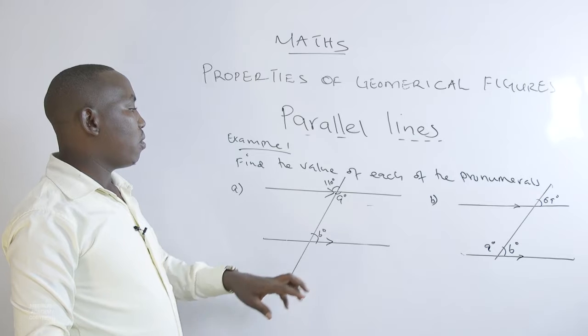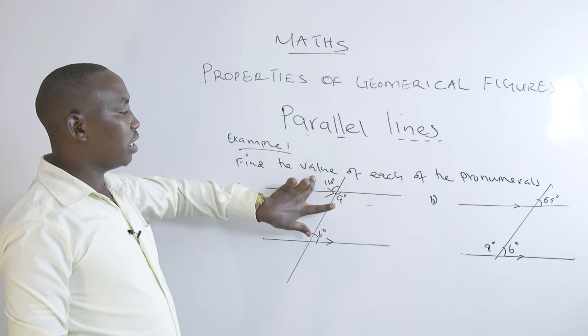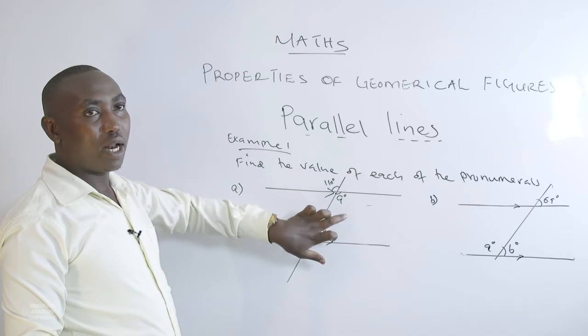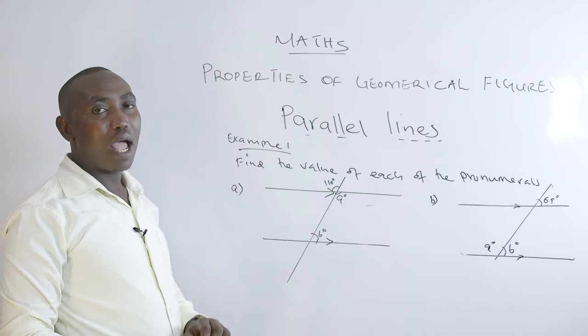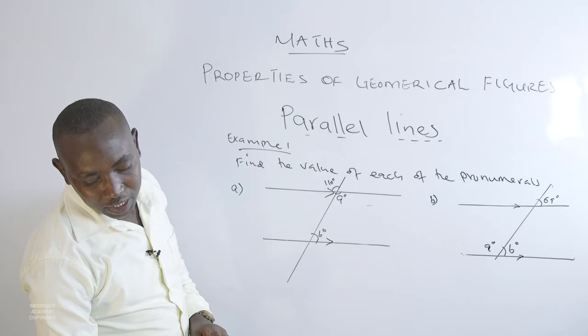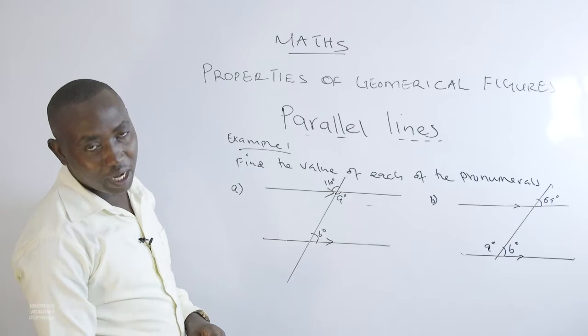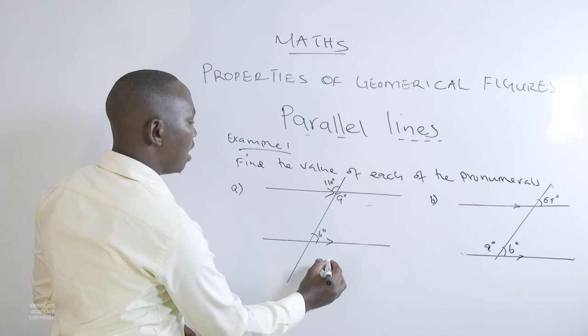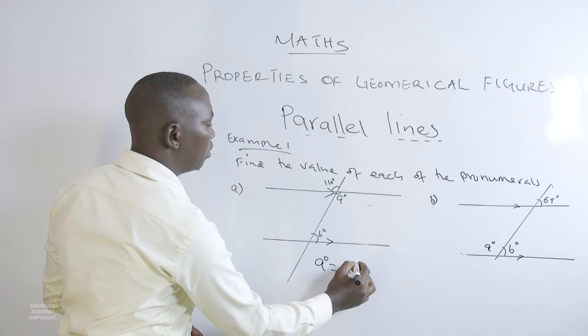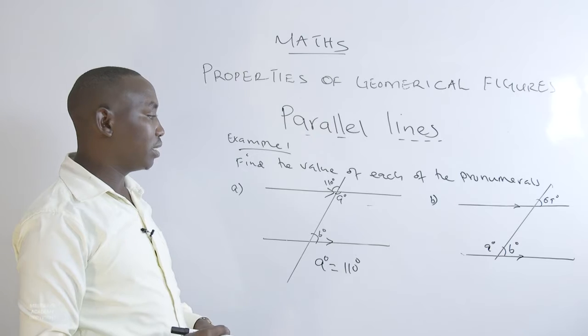Now, for the first case, you can see that this angle and this angle are vertically opposite angles. And vertically opposite angles are usually equal. Therefore, A degrees will be equal to 110 degrees.